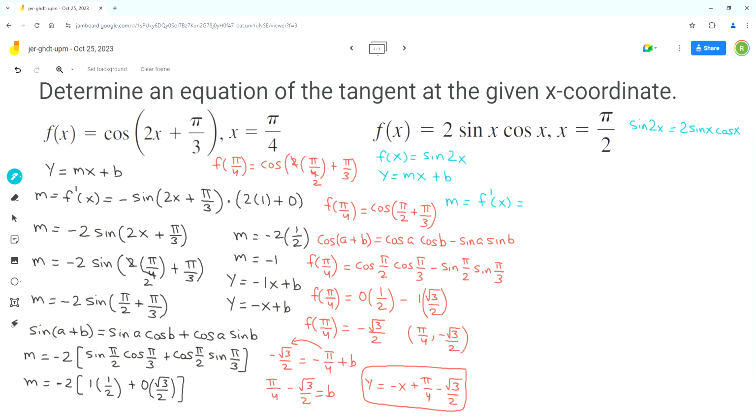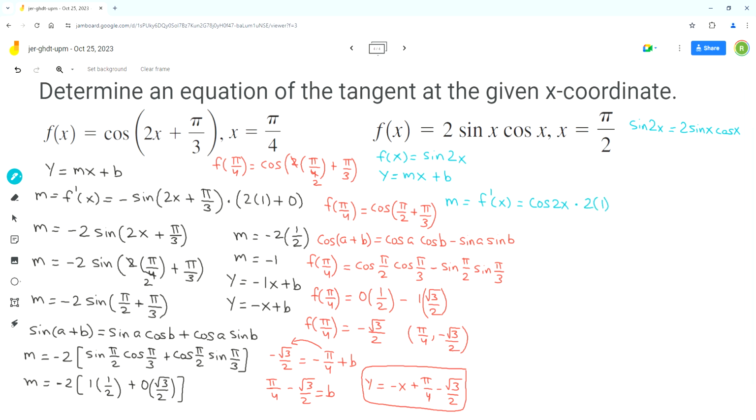Now for sine 2x, we have to use chain rule because the outer function is sine and the inner function is the polynomial function 2x. So we start with the derivative of the outer function, and the derivative of sine is cos, times the derivative of the inner function, and the derivative of 2x is 2 times 1.